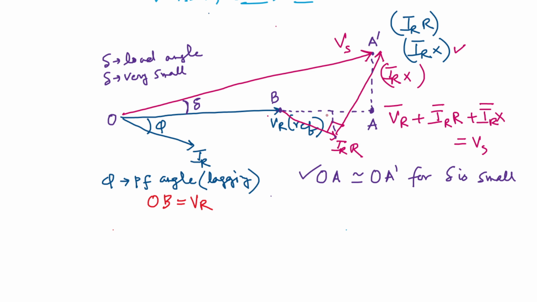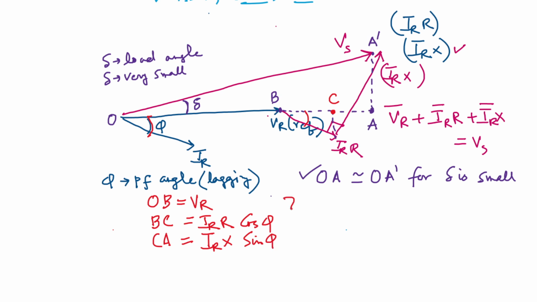Let me consider this point as C. So BC is Ir into R cos phi, because if this is phi, then this angle should also be phi. And CA is Ir into X sin phi.